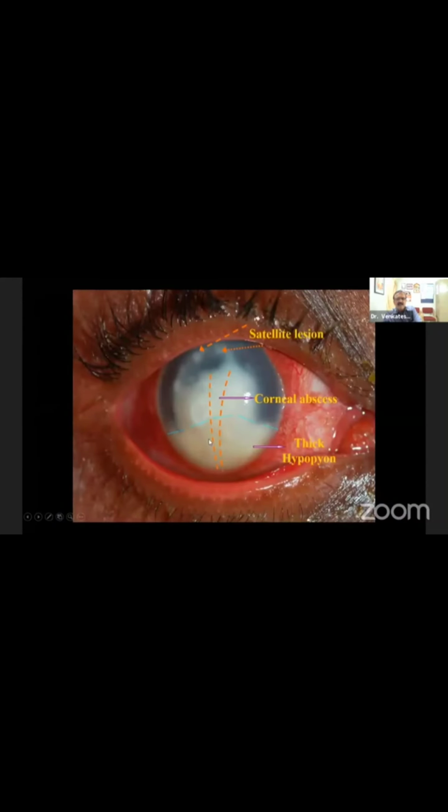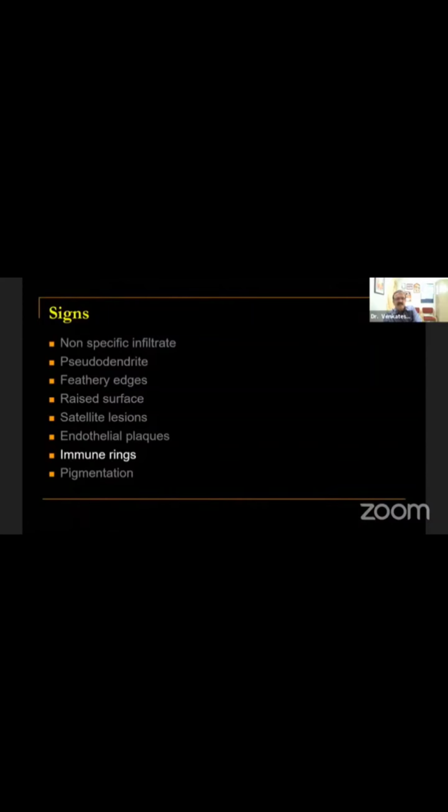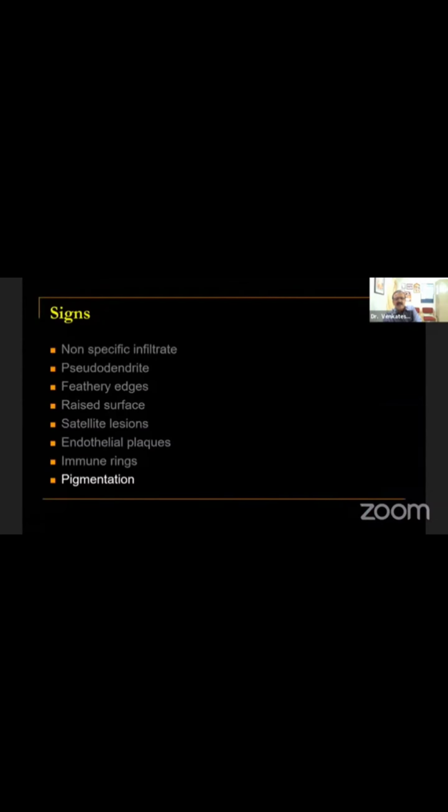As you can see here, we can call this an endothelial plaque, but we cannot be as specific as we were with the feathery margins. Immune rings are also a hallmark of any infective keratitis for that matter, and I'll show you some slides later.